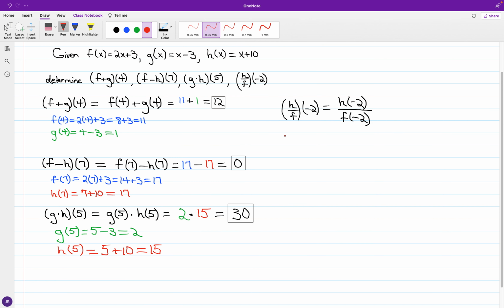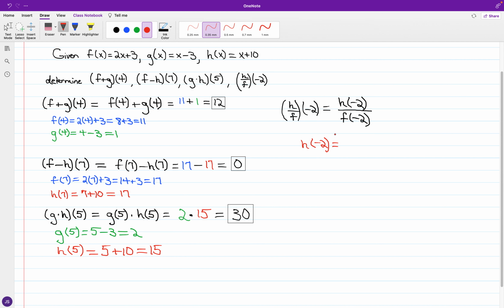So for h of negative 2, this would be negative 2 plus 10, which is 8.